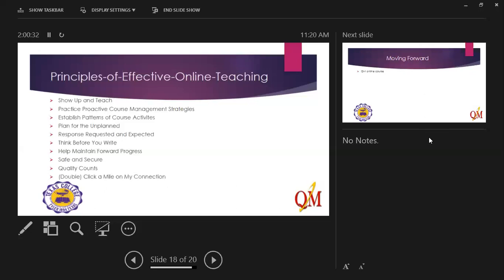And when it comes to the internet, there are tons and tons of things out there. You want to make sure that your students are in a safe and secure online environment, be it within the learning management system or the platform you use for your content.